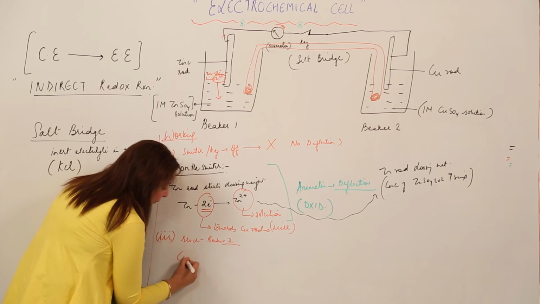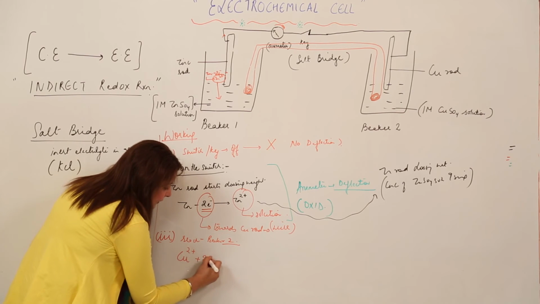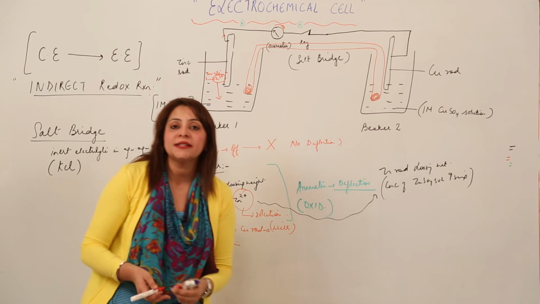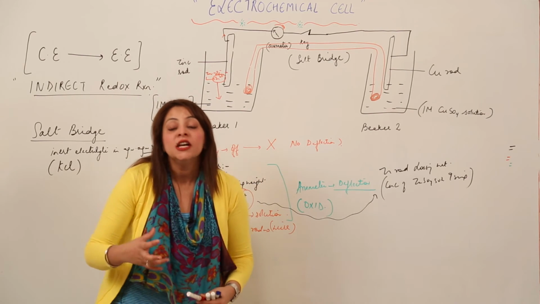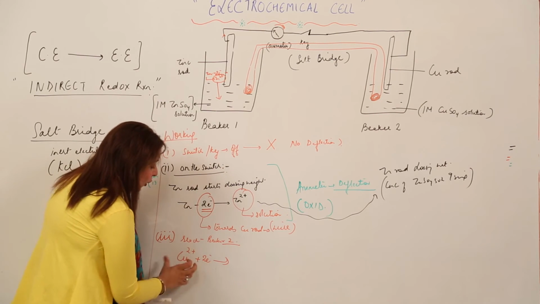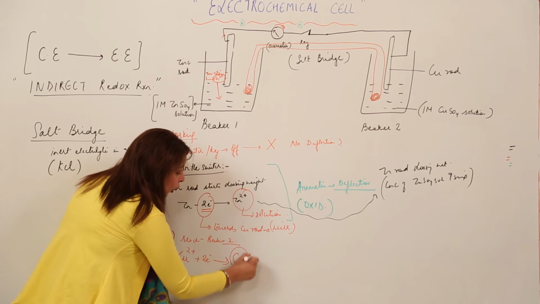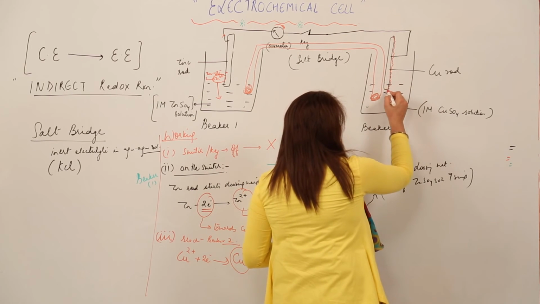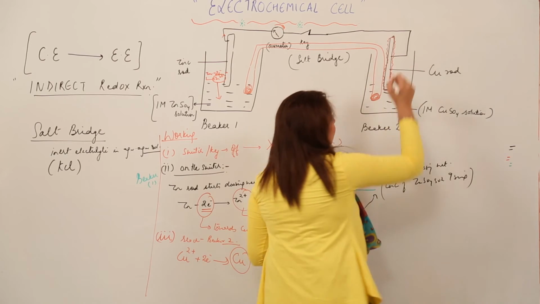These electrons are picked up by the copper ions. As we know it is a solution, so obviously copper ions and sulfate ions are present. So these electrons are picked up by the copper ions, and these copper ions get converted into copper atoms, and this copper starts depositing on the copper rod.